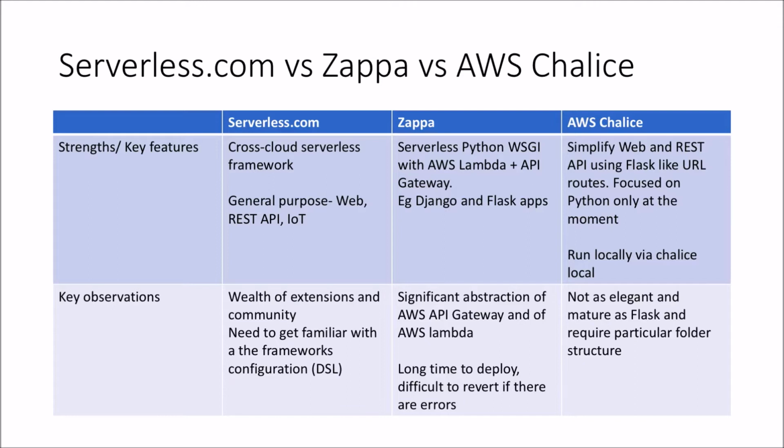It tends to follow the conventions of popular micro frameworks in Python like Flask, where it's really focused around specifying the URL routes and mapping them onto Lambda and API Gateway. So I guess that's how I would best describe the strengths and key features of each of these frameworks.